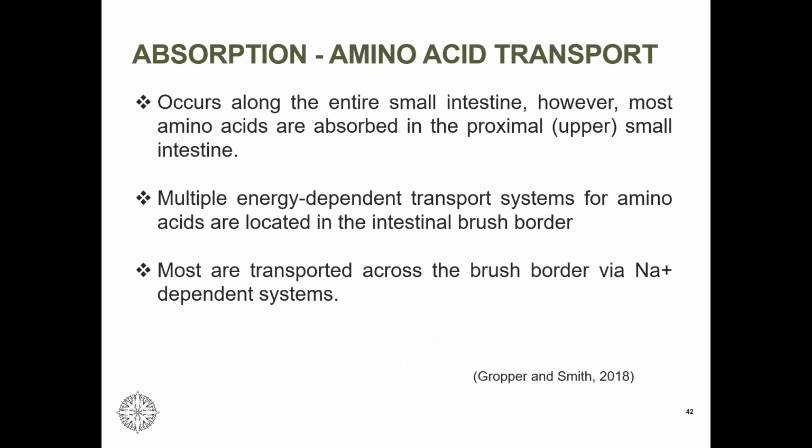Now, absorption of amino acids takes place throughout the small intestine. However, mostly they are absorbed in the upper small intestine. Again, they are very important molecules, so the body expends energy so that amino acids can pass through the intestinal brush border. Mostly these energy dependent systems also require sodium.